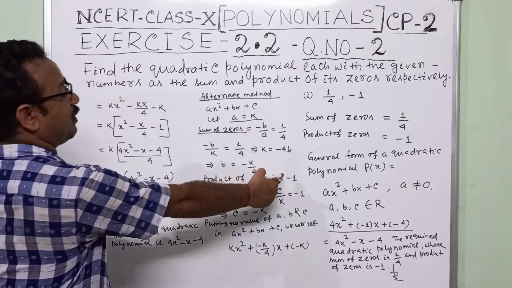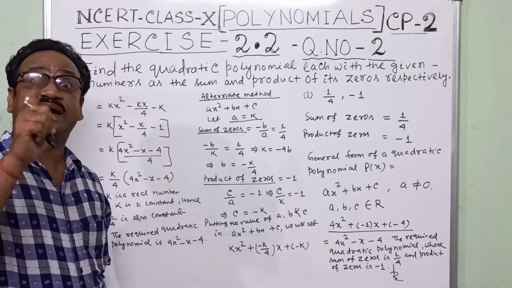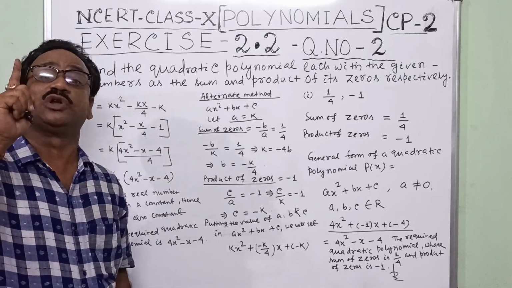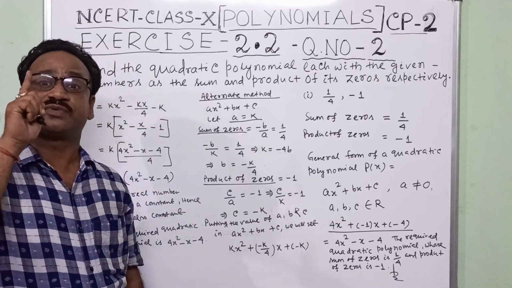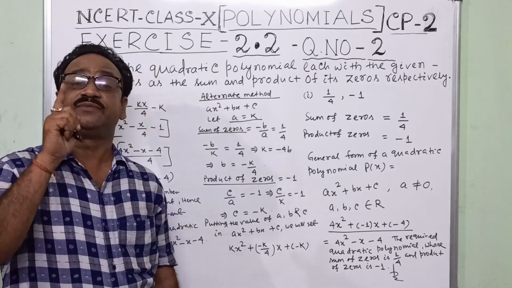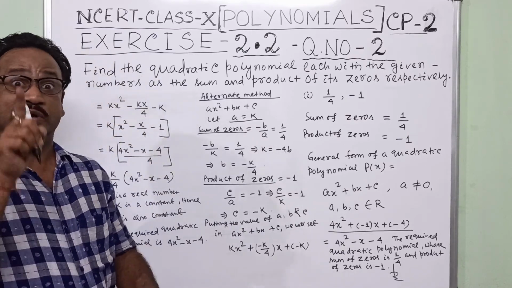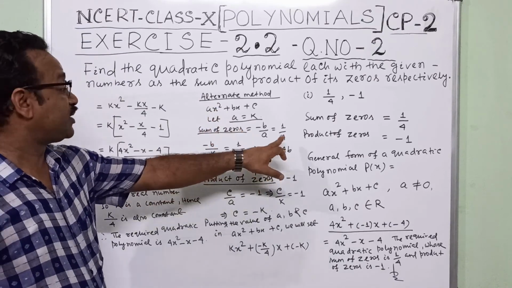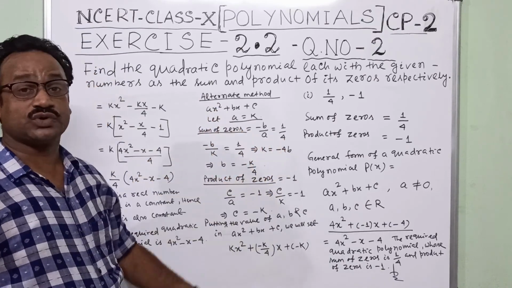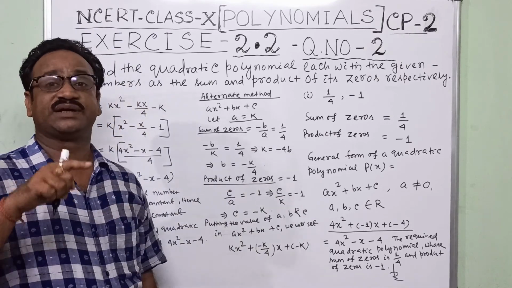That is minus 1. By putting different values of k, we will get different quadratic polynomials, and those polynomials will have the same sum of zeros 1 by 4 and product of zeros minus 1. So move on to the bit double I.